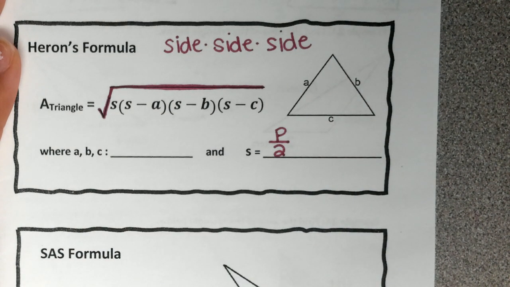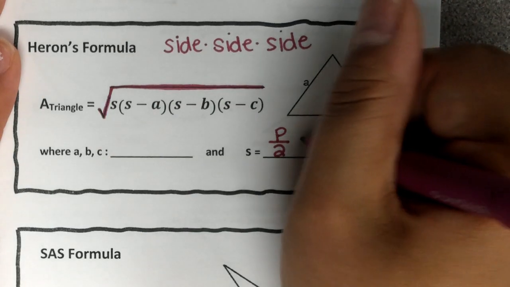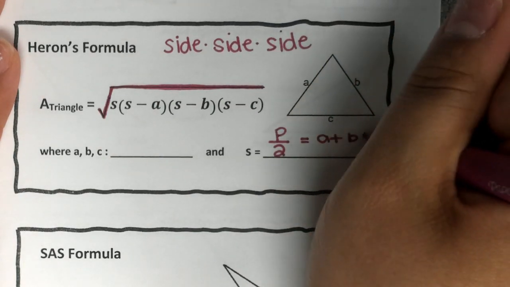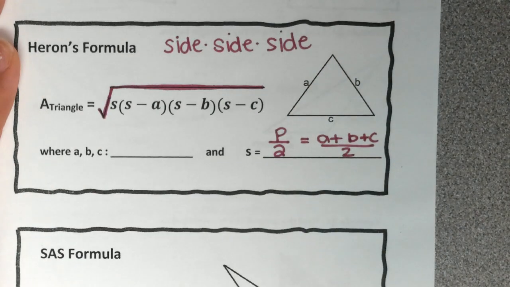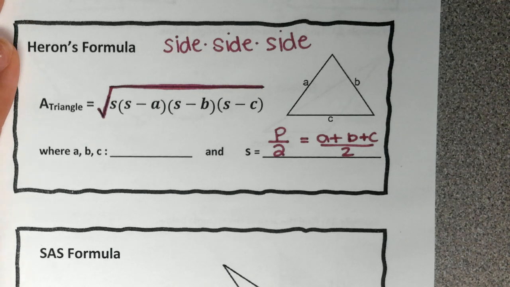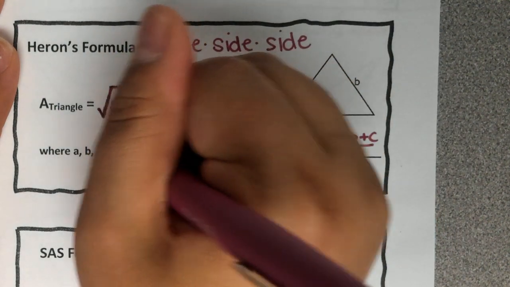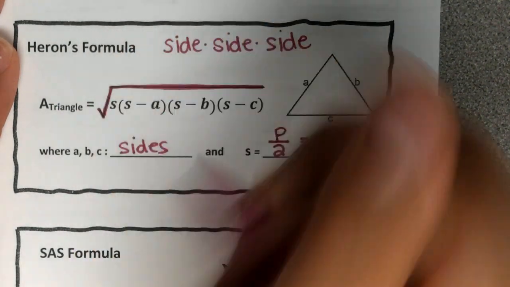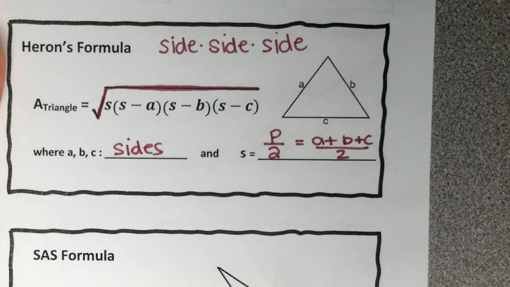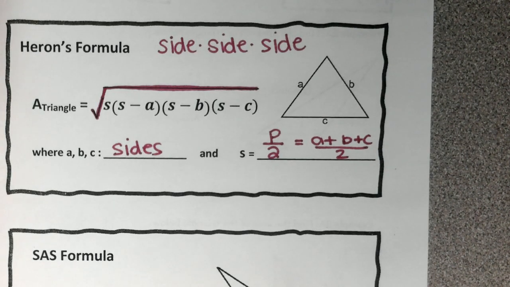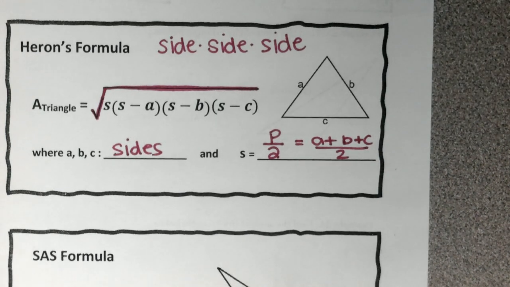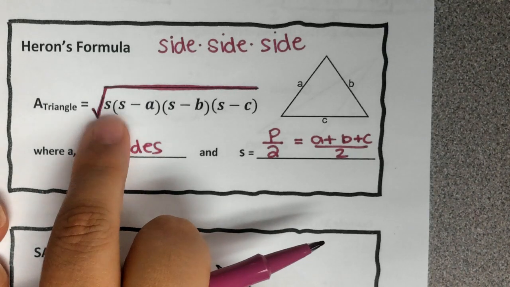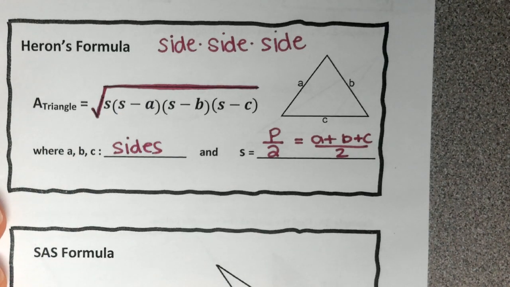How do you find the perimeter? A plus B plus C, divided by 2. What are A, B, and C? A, B, and C are sides. Once you find S, you're just going to take that number, put it out front, and then subtract each of your sides from it.